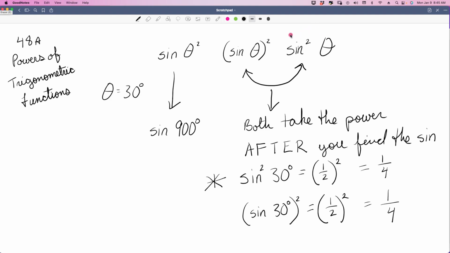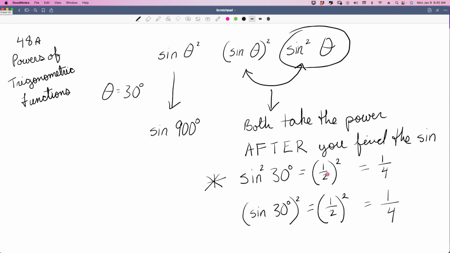So this is the one that we're going to see the most in our problems. But both mean exactly the same thing. And what they mean is to take the power after you find the sine, or after you find the cosine, or the tangent, or the cosecant, or whatever it is.